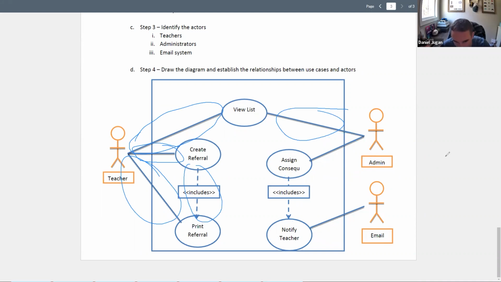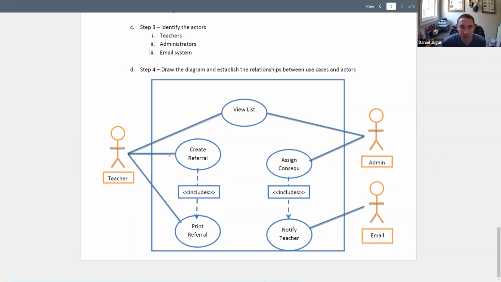An example would be like this. You would say, teachers can create referrals, which automatically includes printing a referral. Teachers can also go in and print referrals that have already been created. Teachers can view the list of all of the referrals that have been created.